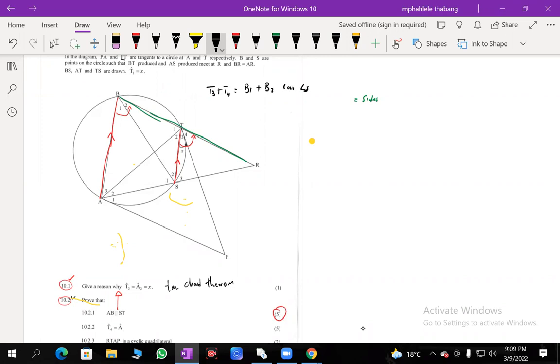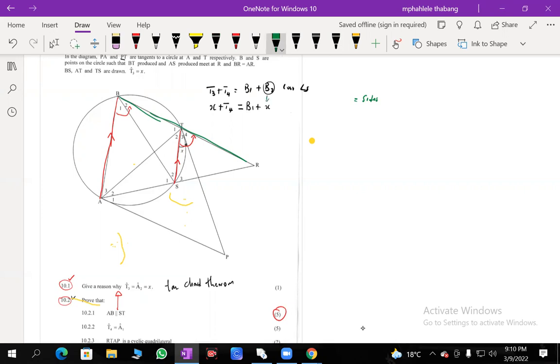T3 or X, it's given. Oh, I see. You want to explain that B2 is X for sure. So B1 plus X. You state that B2 is also X.